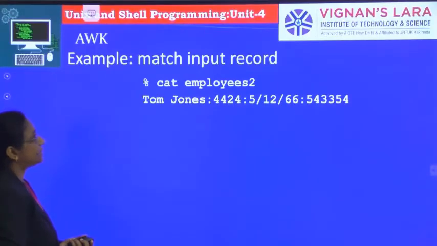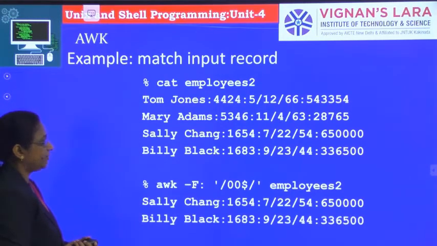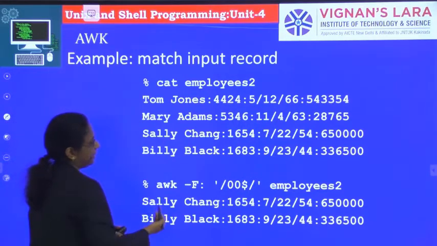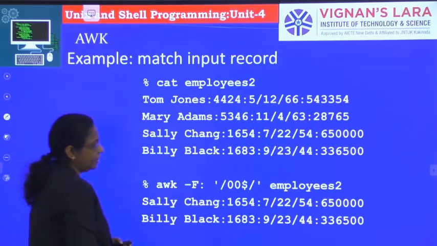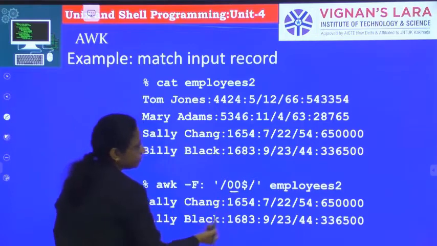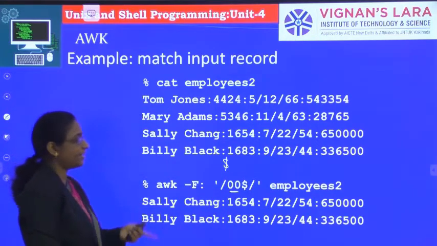Similarly, matching the input record. Here we have created another file with colon as a separator. We are matching lines ending with 00; already we have said that dollar means it ends with that pattern.